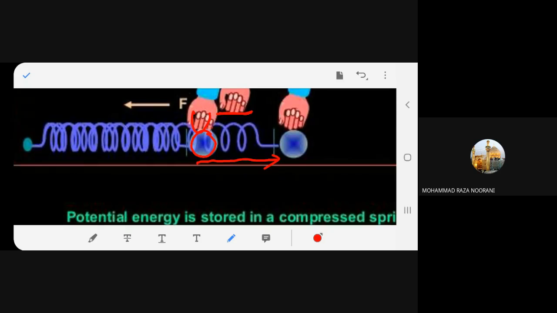So when you release the spring, this potential energy is released and it makes the spring move in this direction. You can see the arrow, and the ball also moves along with the spring. So the ball comes from here to here.